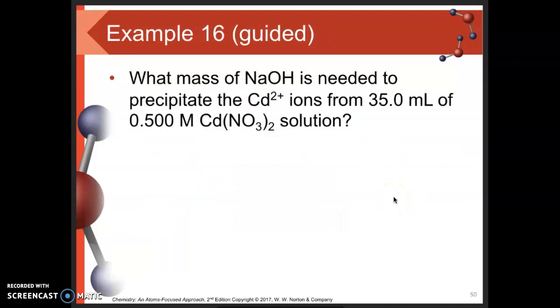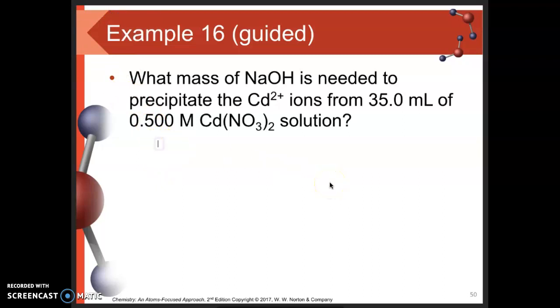So for example, what is the mass of sodium hydroxide that I would need to precipitate cadmium 2+ ions from a 35 milliliter 0.5 molar cadmium nitrate solution? Okay, a lot of stuff going on here, but we can get to the heart of it immediately.